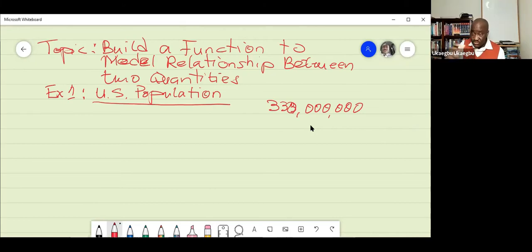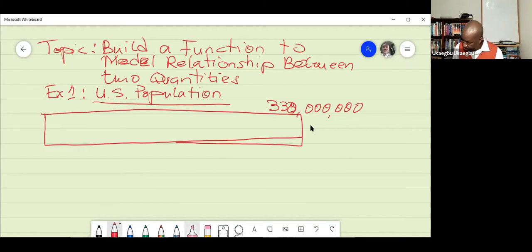So all those reasons you gave are very important, but especially to track population growth. Now let's create a little table that shows the population of the United States every year from a certain time to a certain time. So let's create a table.